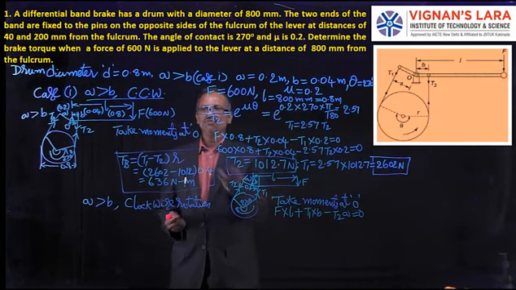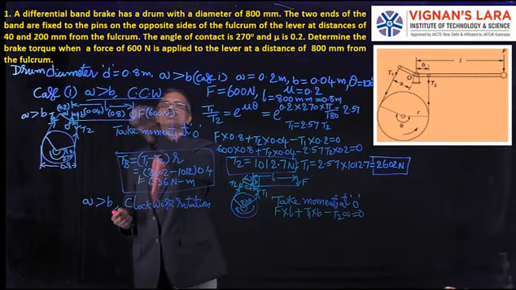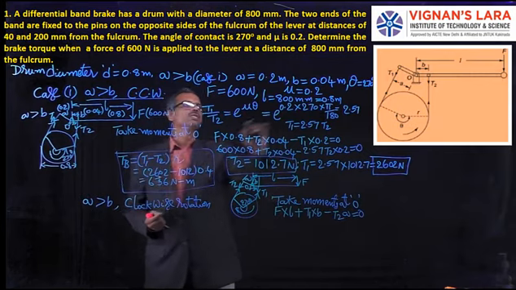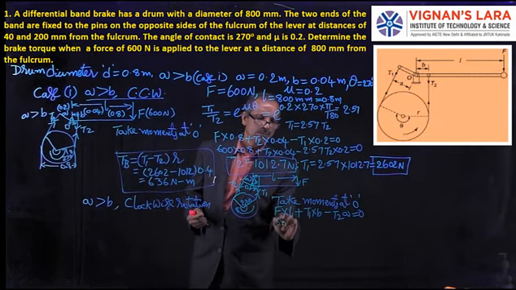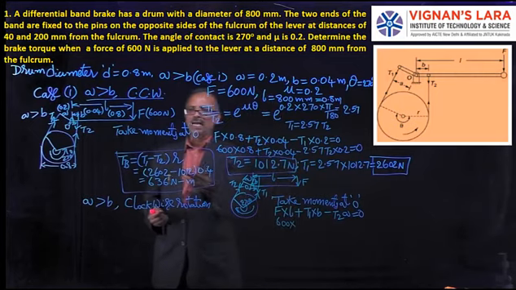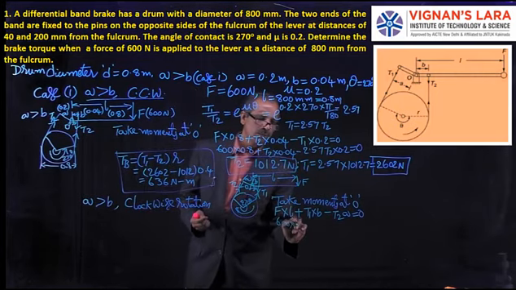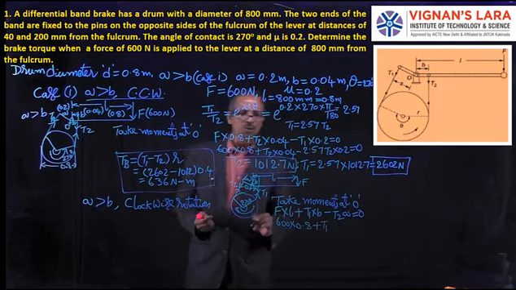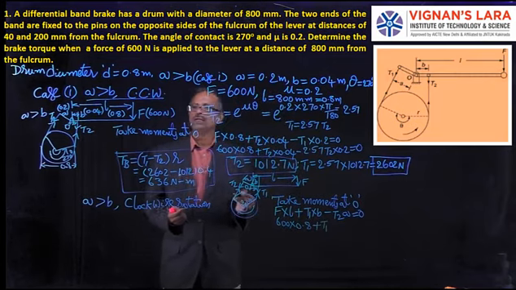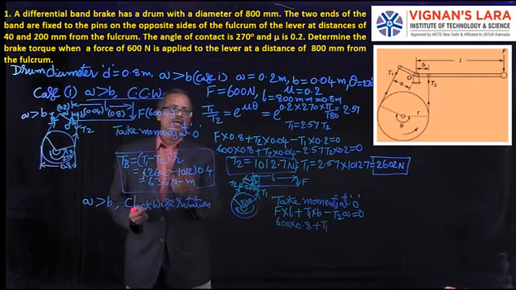So what is F? Already you have the F force, 600. And what is L? As in the previous case, 0.8. Then T1 is unknown. And what is our B value now? So 0.04.